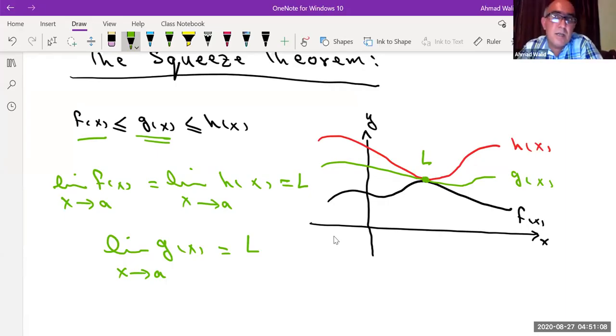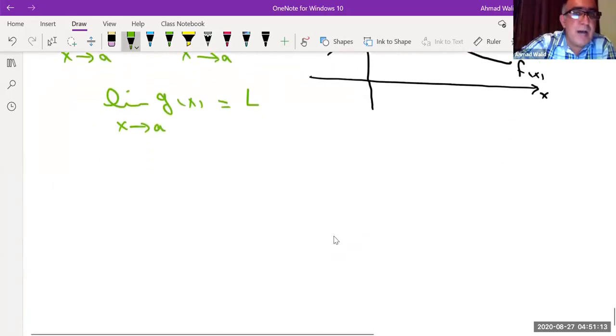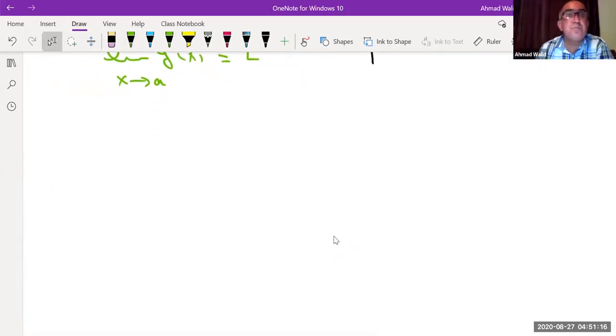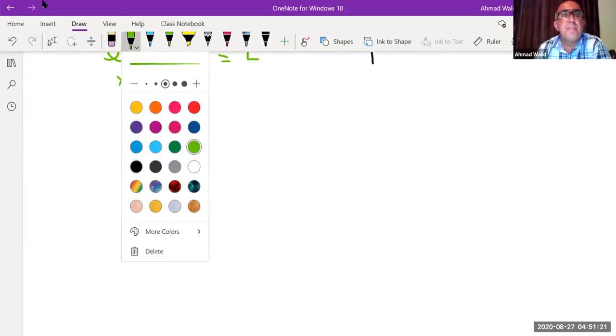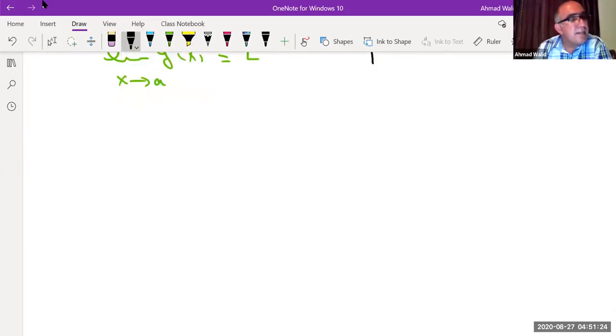Which kind of problems are you dealing with in this theorem, correct? Let me show you an example using the squeeze theorem to find limits. For example, which example is a good example?